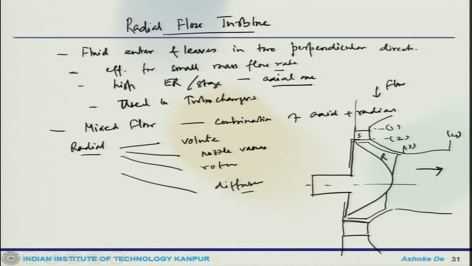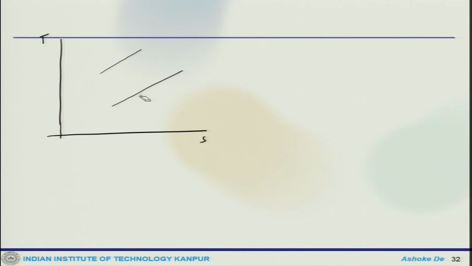So, these are the station numbers that we can use, and at the same time we can see the TS diagram, so that our analysis would be much easier. So, that is 1, from 1 it comes to 2, then 2 to 3.